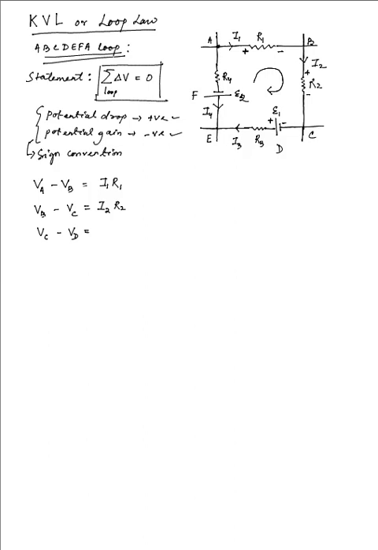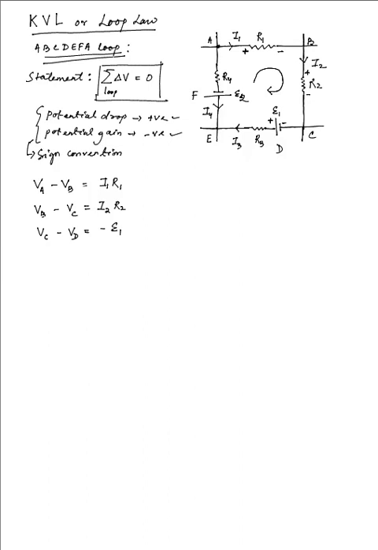However, it will be negative because, as I had discussed earlier, the sense that we are moving in from C to D, we will be going from the lower potential to the higher potential. That means we will be gaining some potential, and the potential gain is taken as negative. So this thing, that is E1, has to be taken as negative.